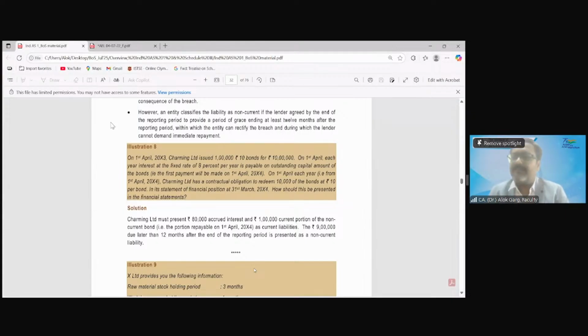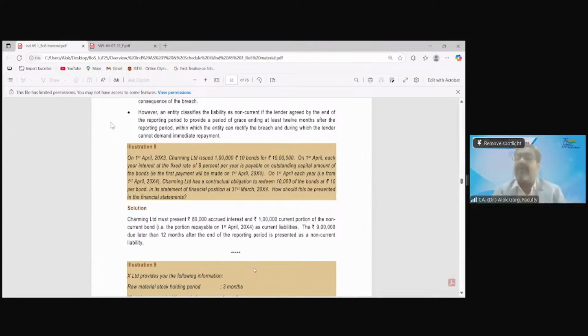For example, if in the contract it says that the goods and services which I have procured from the vendor, I have to pay, there is a credit of, let's say, 15 months. I have to pay after 15 months.